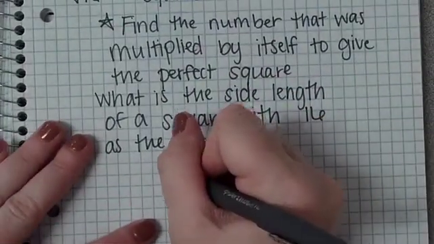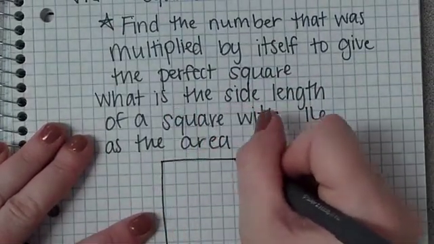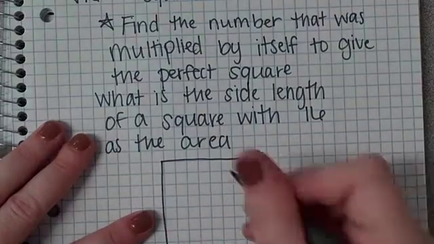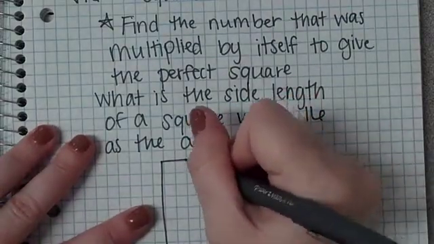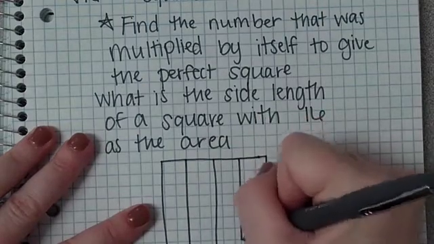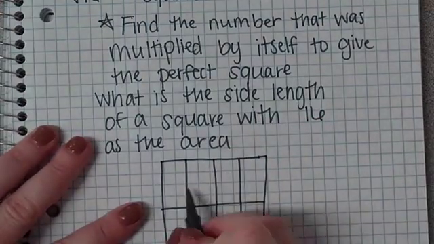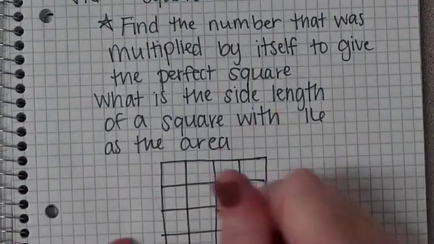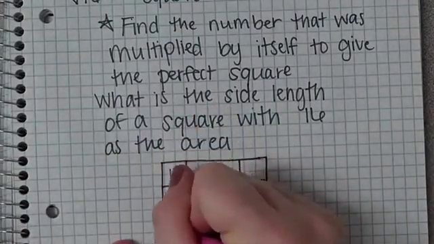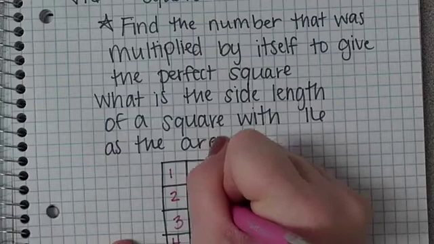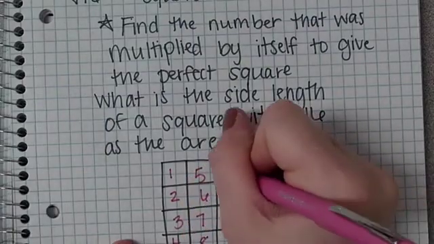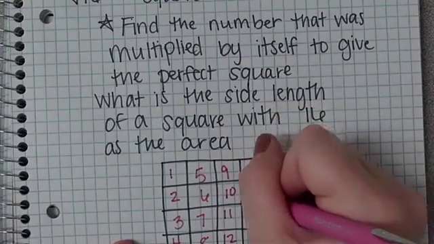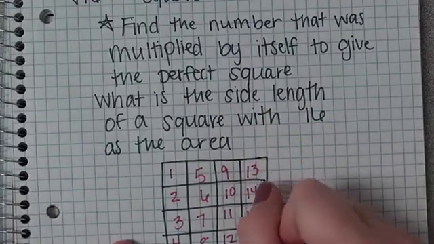So if I have 16 starbursts, that was a terrible square. So if I have 1, 2, 3, 4, 5, 6, 7, 8, 9, 10, 11, 12, 13, 14, 15, 16.